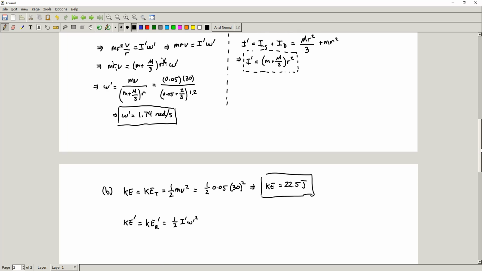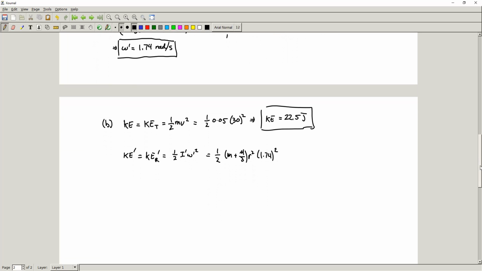Let's do that. We're going to end up with 1/2 (m plus m over 3) r squared, and we have our 1.74. This is our omega prime. It comes in squared as well. Okay. Let's substitute in numbers for these.